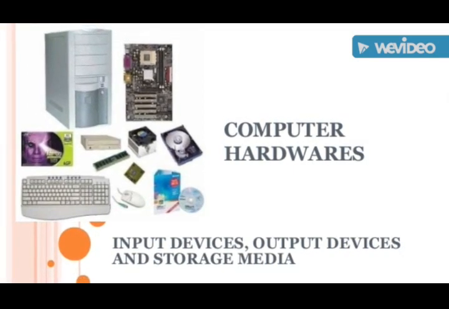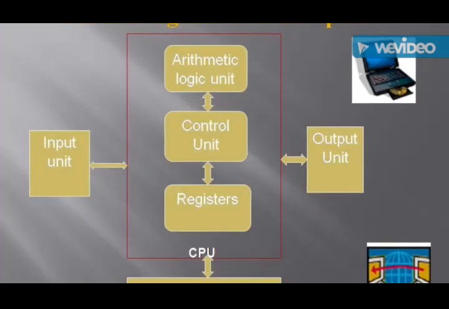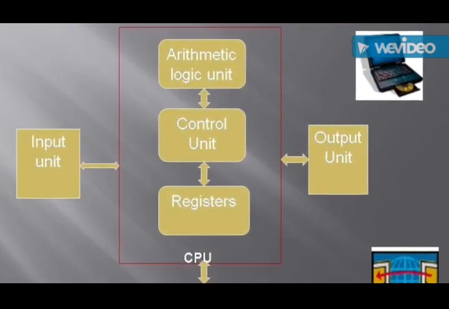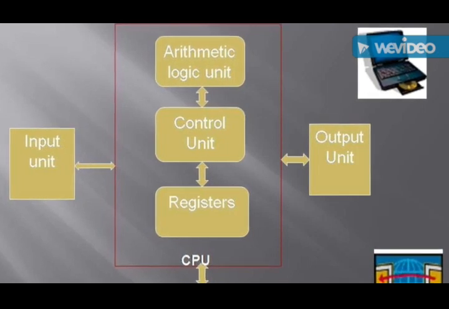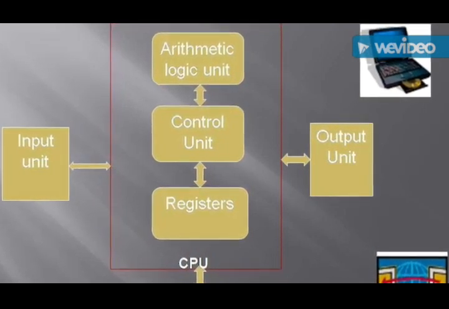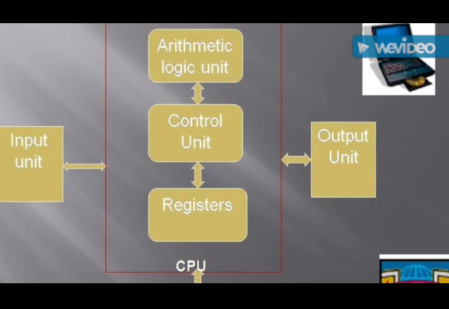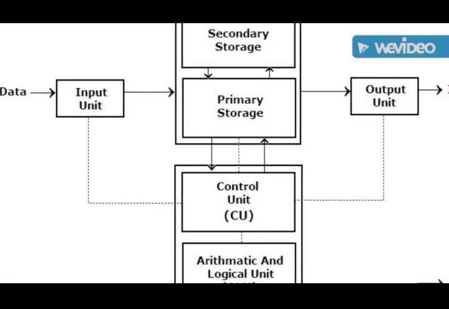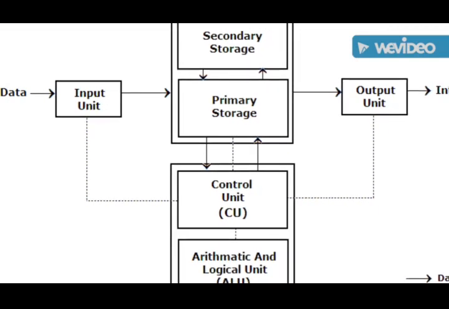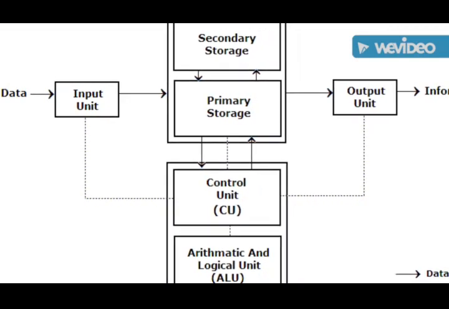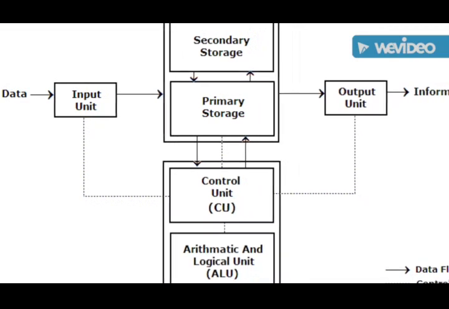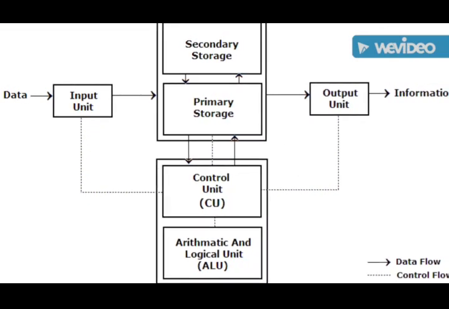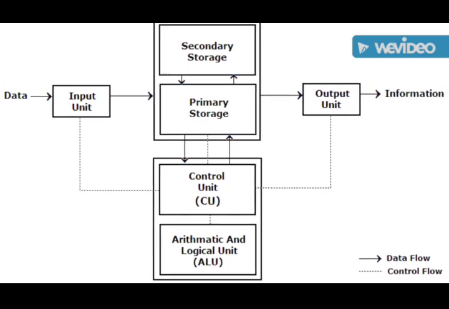But first we will discuss the computer diagram, or how it works. A computer works on input, process, output, with the help of memory, that is storage. Data comes in the form of instruction, that is input, and it gives the output after processing of data.